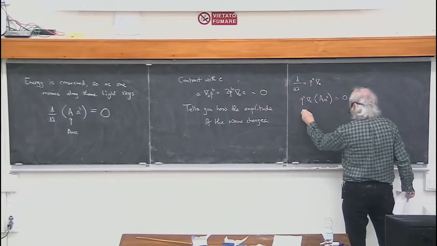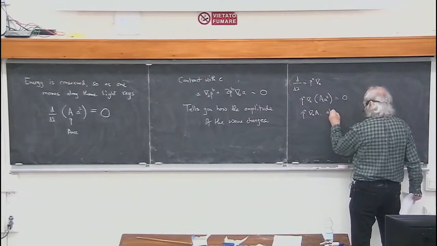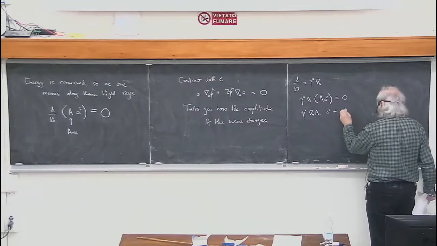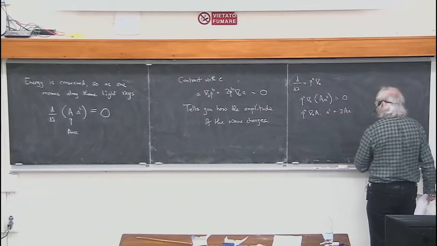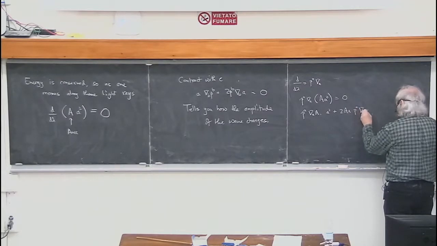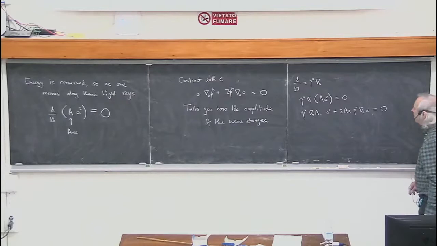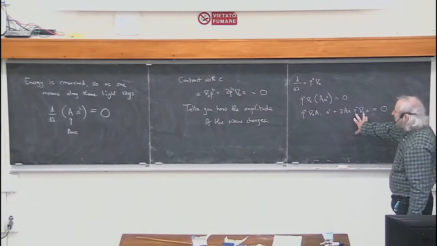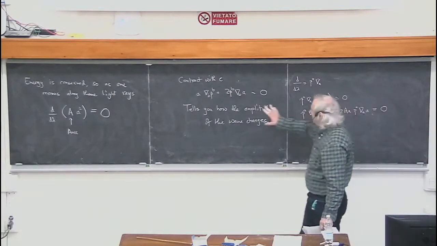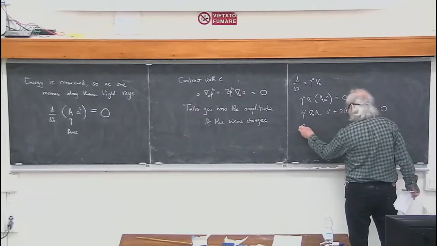This reads P^A del_A of A times a squared plus A times 2 a P^A del_A of little a equals 0. This term here, however, is the same as this term here, so I can use this to simplify things.